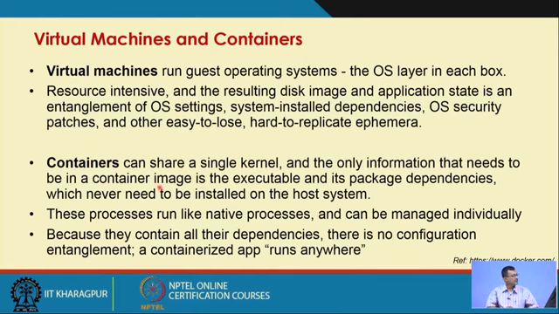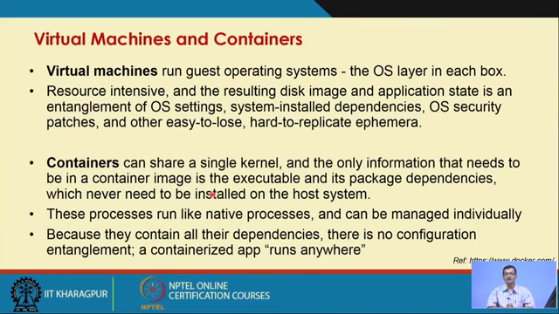Whereas containers share a single kernel, and the only information that needs to be in a container image is the executable and its package dependencies, which never need to be installed on the host OS because they are bundled together. These processes run like native processes and can be managed individually.